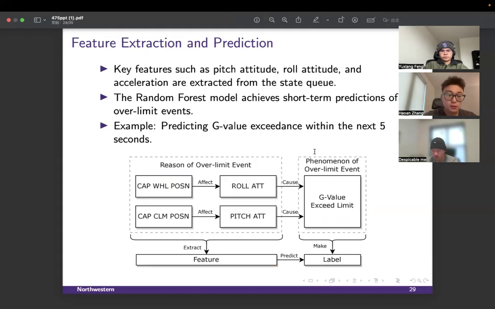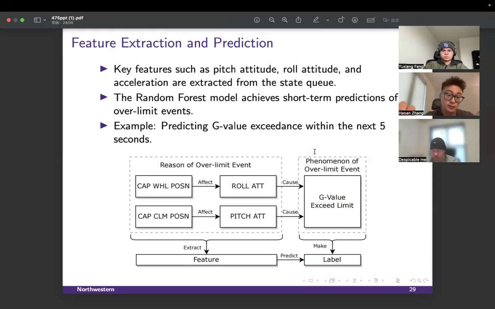Now you can see the feature extraction. We identify multiple features from the state queue, such as the pitch attitude, roll attitude and acceleration. These features are highly correlated with the flight risks and form the basis of our model's prediction. The random forest model uses these features to generate the prediction.